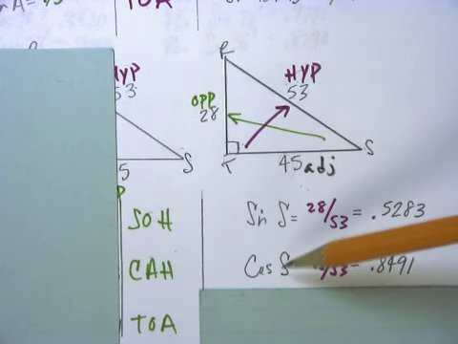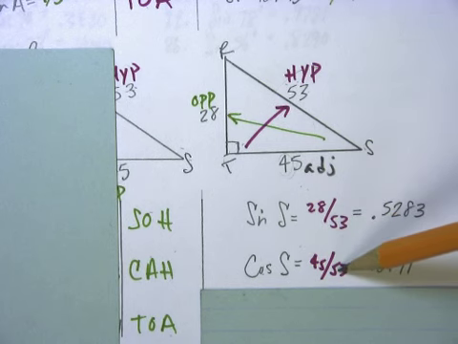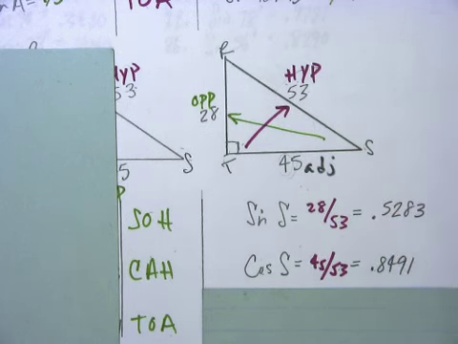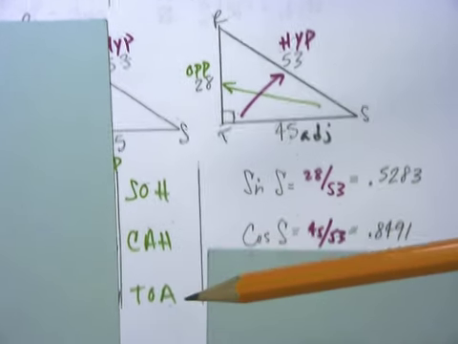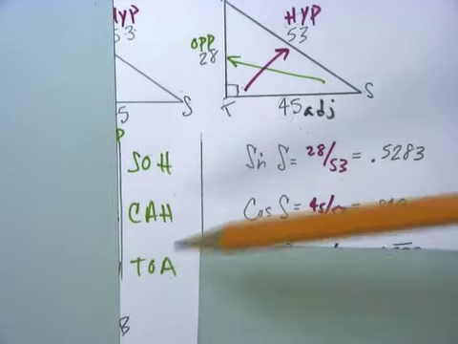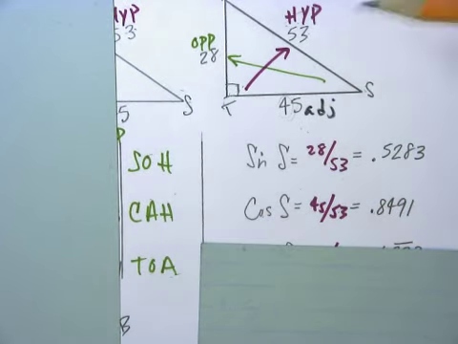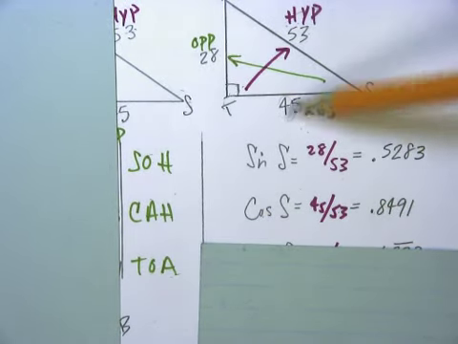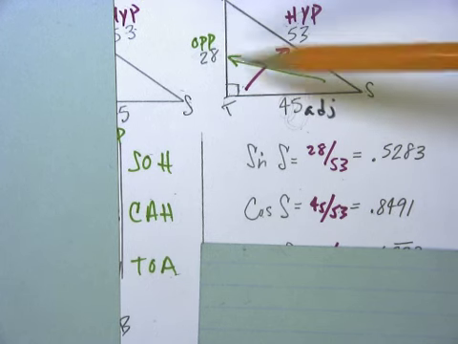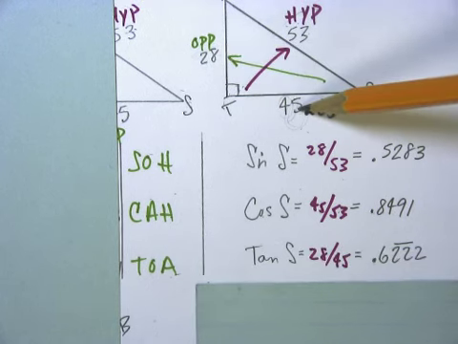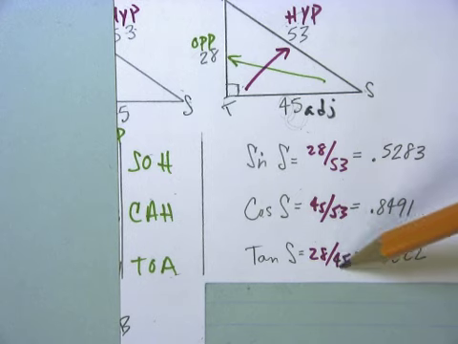Let's do the cosine of angle S. The cosine is the adjacent over the hypotenuse. The adjacent here is 45 and the hypotenuse is 53, so the cosine of S is 45 over 53, which gives me 0.8491. And finally, let's do the tangent function of angle S. The tangent is the opposite over the adjacent.